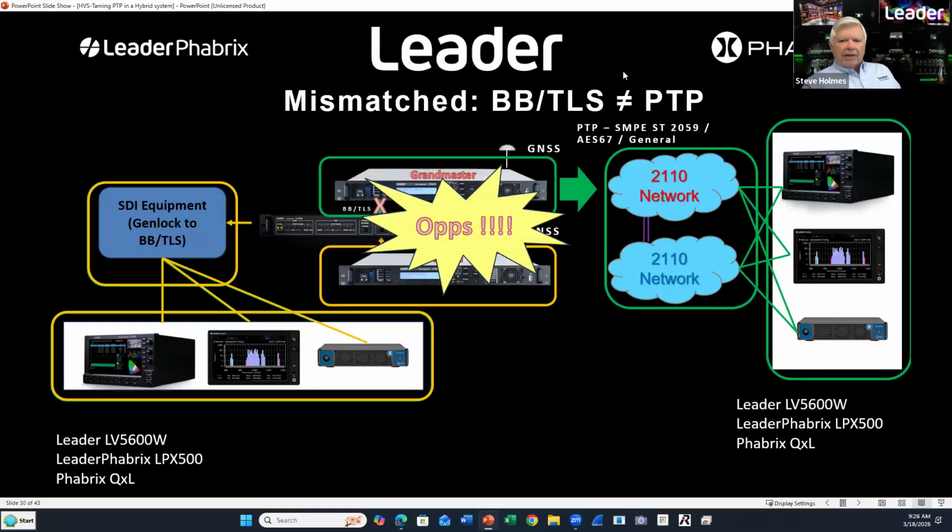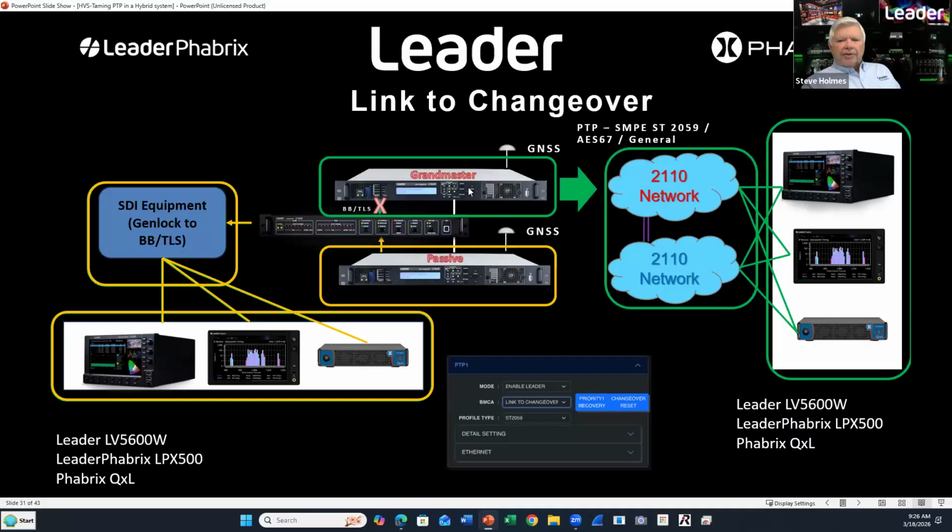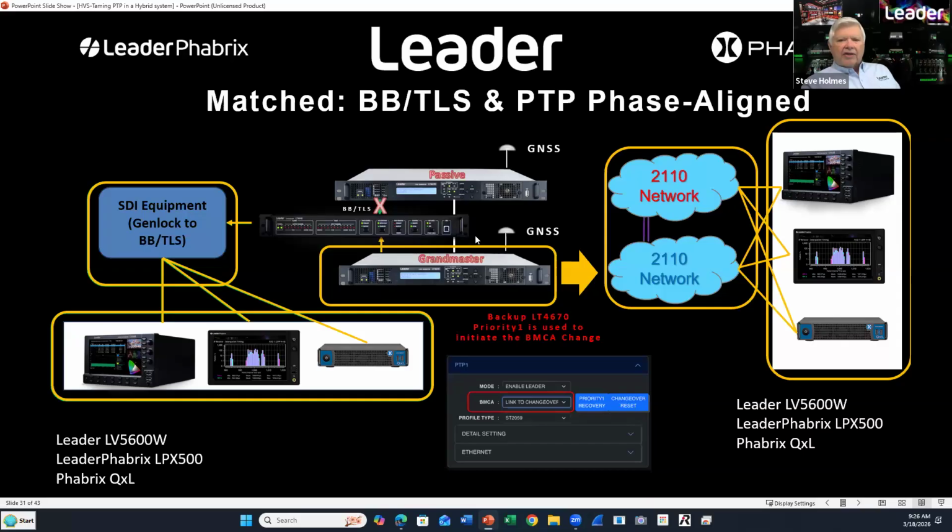So that same interlink cable will turn around and tell this generator to change its priorities, so that the generator on the bottom says link changeover, and we can set up a BMCA link to the changeover and cause this grandmaster on top to change its priority so that the second grandmaster takes over.